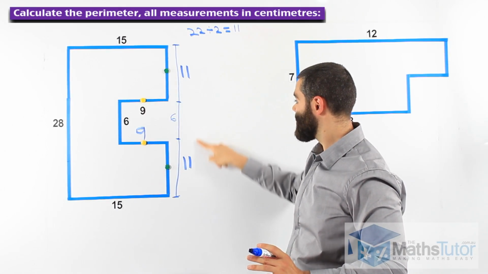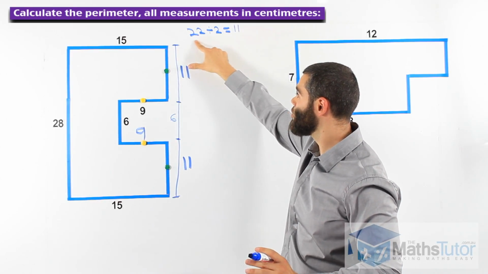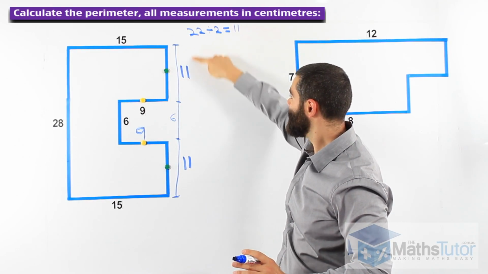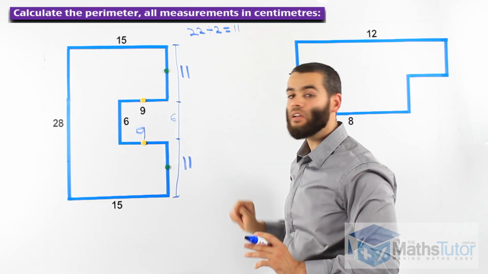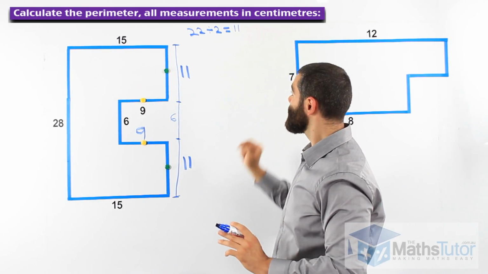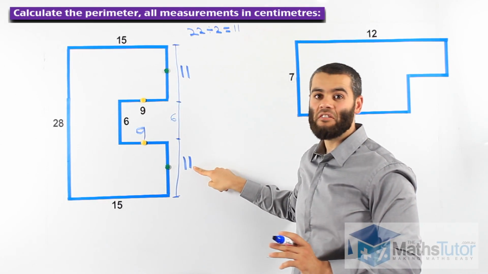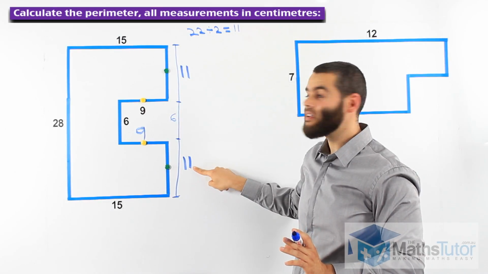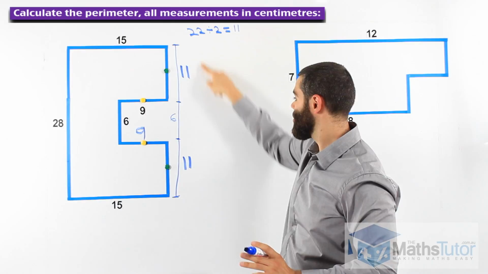If the whole thing is 28, take away the 6, we're left with 22. That means this side here, that one there, and that one there is 22 in length. Divided by 2, this one's going to be 11, and that one is going to be 11. So 11 plus 6 plus 11 make up the total 28.